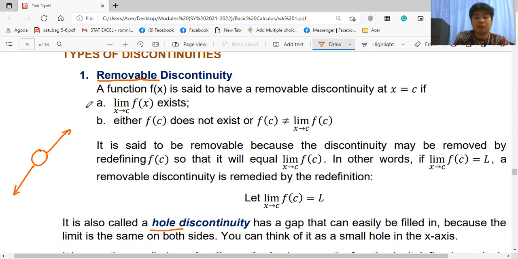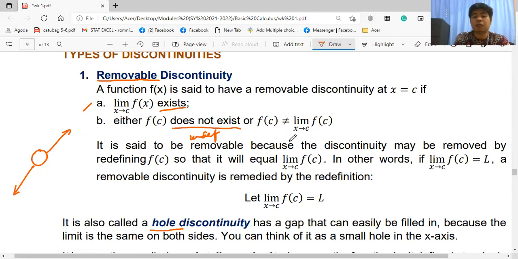Okay, first, limit of f of x as x approaches c should exist. Now, on the second, either f of c does not exist or is undefined. This can also be undefined. Or f of c is not equal to limit of f of x as x approaches c.